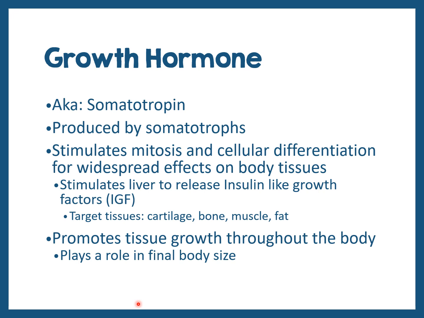And it's the insulin-like growth factors that will then be released and travel through the blood to these target tissues, saying, hey, we need you to grow more. We want you to get bigger. So we will start to see mitosis and cellular differentiation in those target tissues.